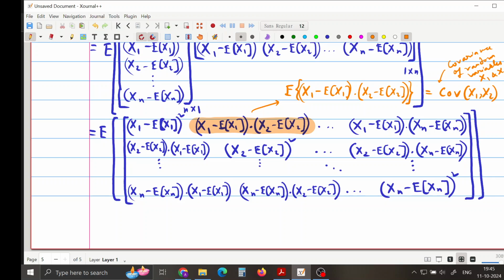And for the diagonal entries, that is easier to observe.